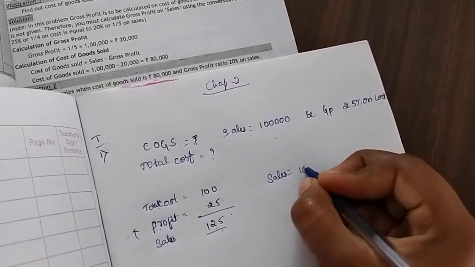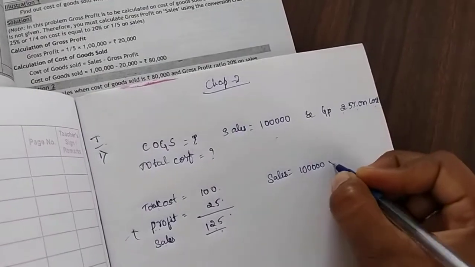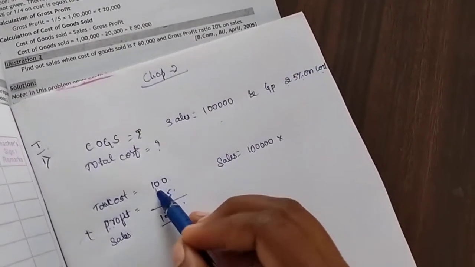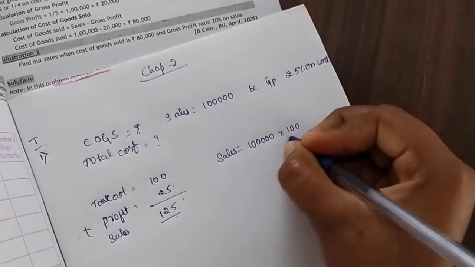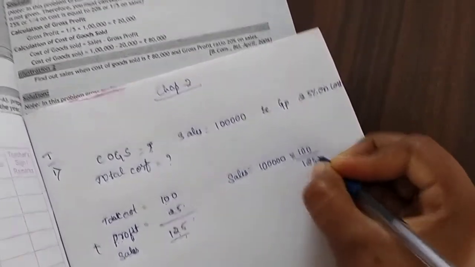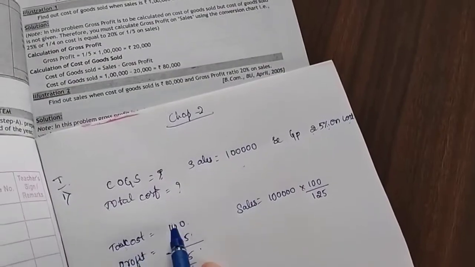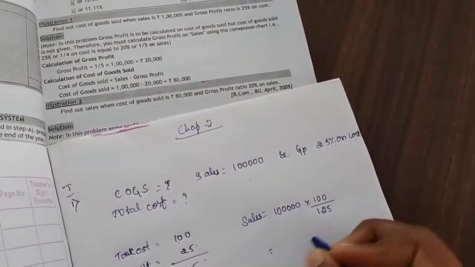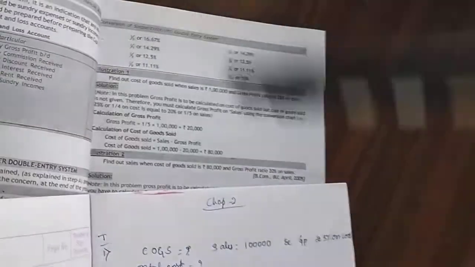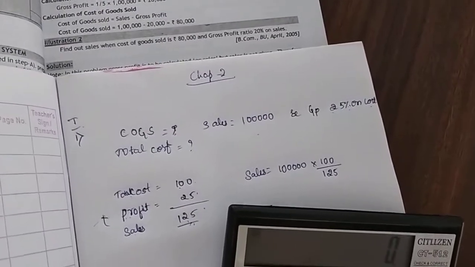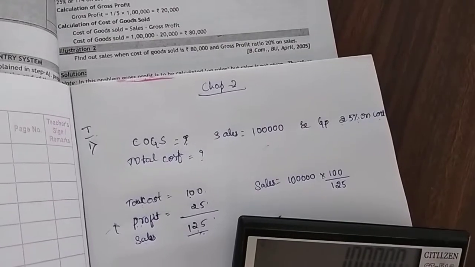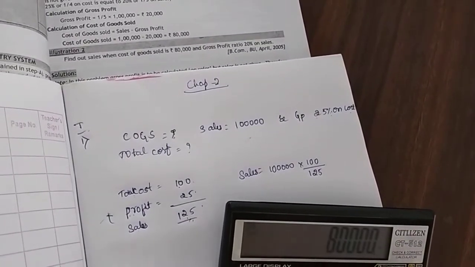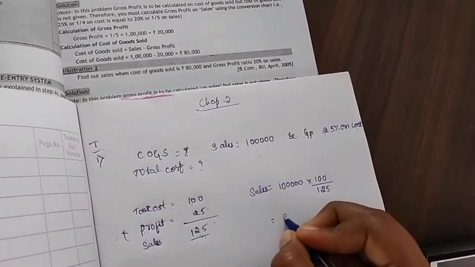Here sales is given. Total cost based on the sales is 1 lakh into 100 divided by 125, which is 80,000.